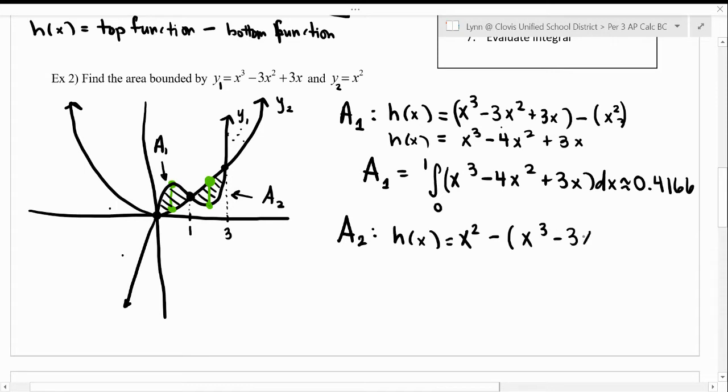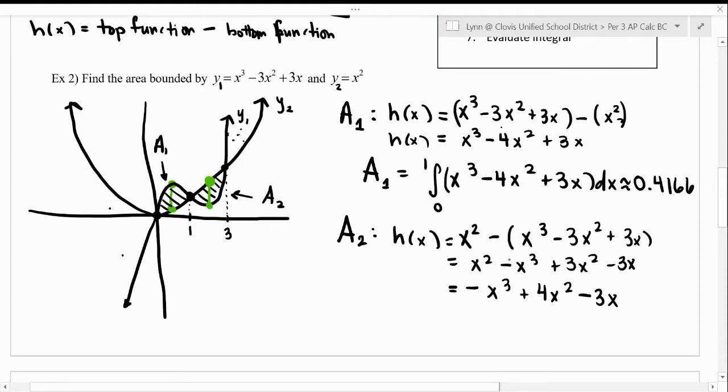So that would be x cubed minus 3x squared plus 3x. And then let's go ahead and distribute in that negative, and I can combine like terms. I'm going to put this in descending order. So I would have negative x cubed and then plus 4x squared and then minus 3x.